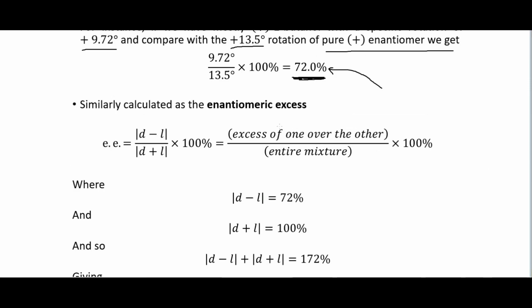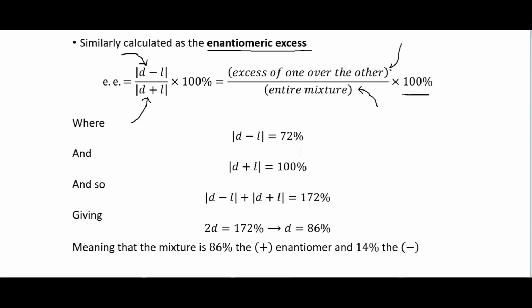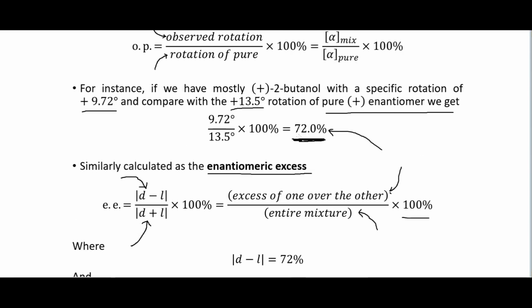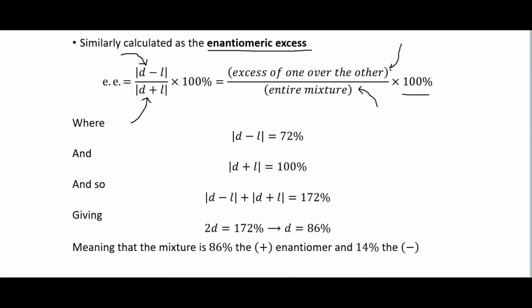And so we also have this formula for enantiomeric excess here. We have the difference in D and L divided by the total, so the excess of one over the other over the entire mixture times 100%. If we're using this number up here, we put in D minus L equals 72%, and D plus L equals 100%.